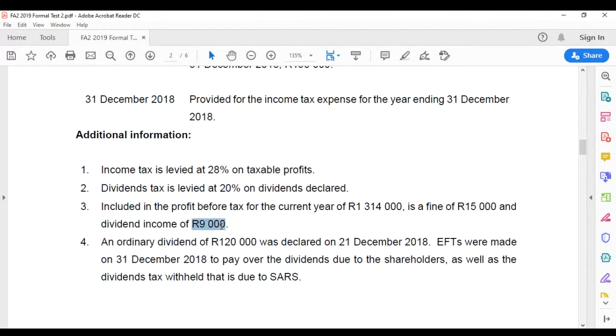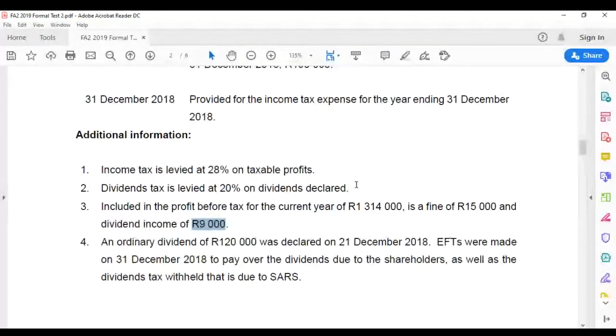So this dividend income of 9,000 rands, has it already been subjected to some kind of tax before we even receive it? Yes or no? Yes, Sunavuyo, you're correct. Yes, Lubabalu.